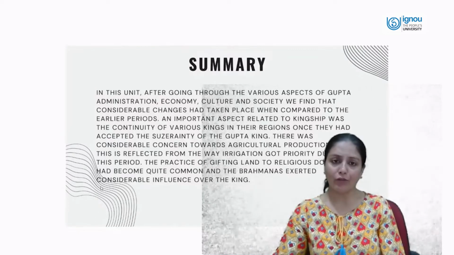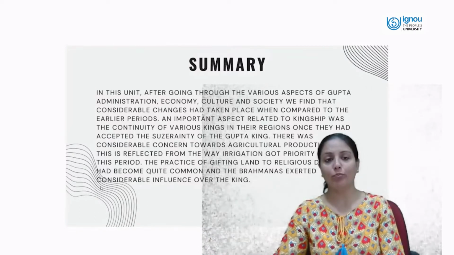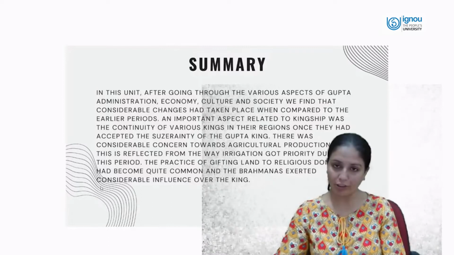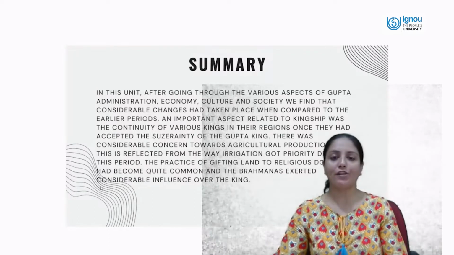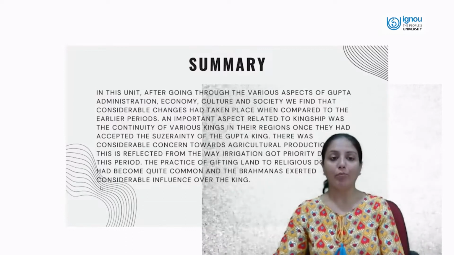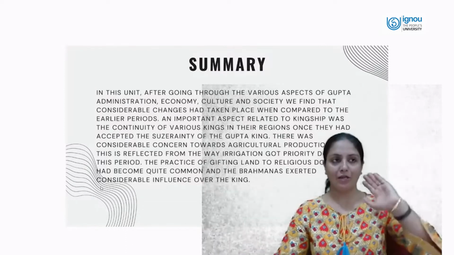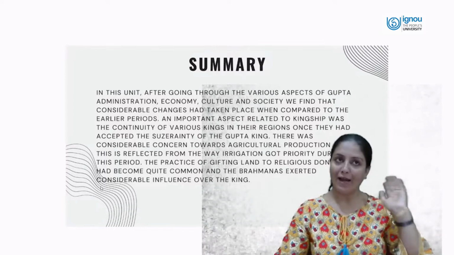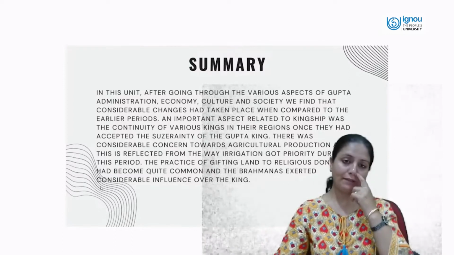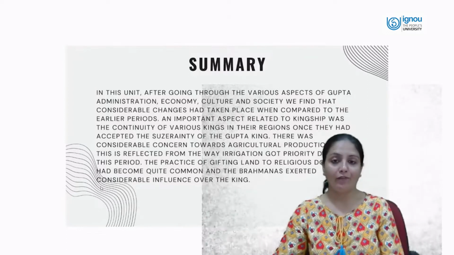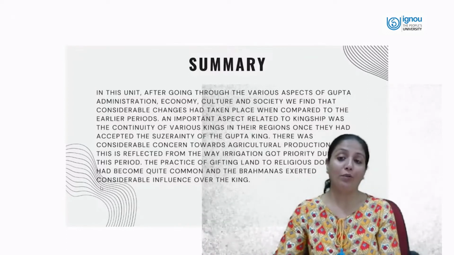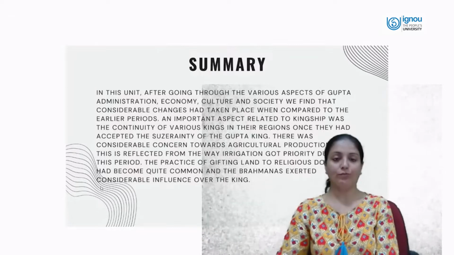In this unit, after going through the various aspects of Gupta administration, economy, culture, and society, we find that considerable changes had taken place when compared to earlier periods, meaning the Maurya period, the Mahajanapada period, the Indus Valley civilization and the Vedic period.